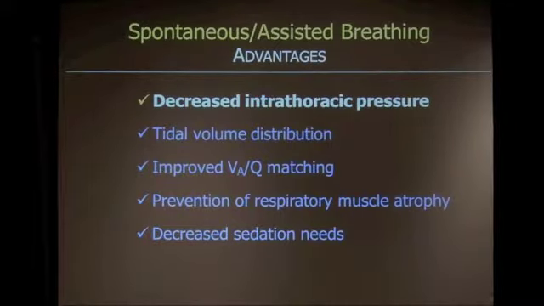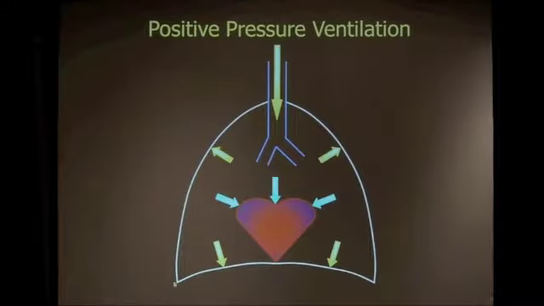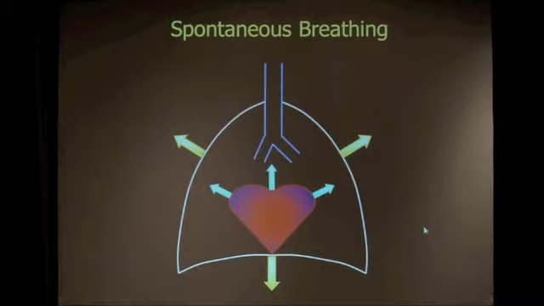Well, first of all, the main advantage in my mind is decreased intrathoracic pressure. I'm sorry to go back to this extremely basic physiology, but it's very important. During controlled mechanical ventilation, intrathoracic pressure is positive and increased. Hemodynamics are impaired, while during spontaneous breathing, the intrathoracic pressure is negative and hemodynamics are favored.